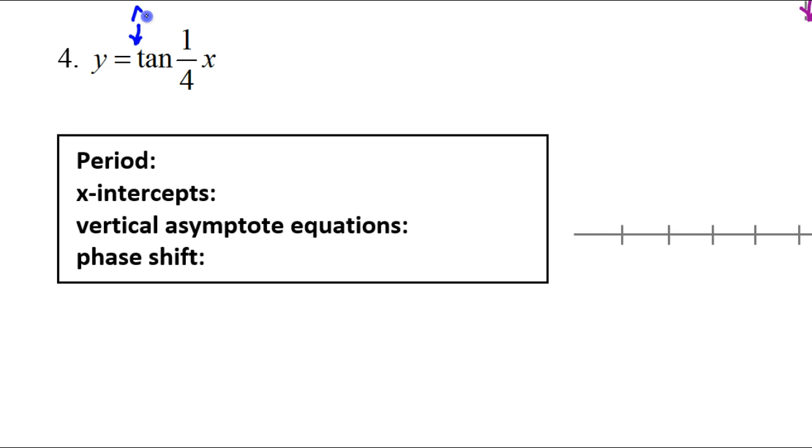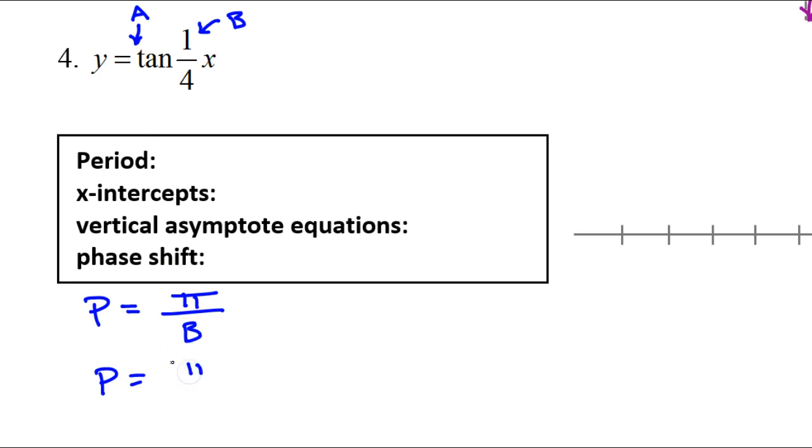Again, the a value is 1, but we have this b value, which is 1/4. That's going to affect the period. So the period is the regular period divided by the b value. So the normal period for tangent is pi.